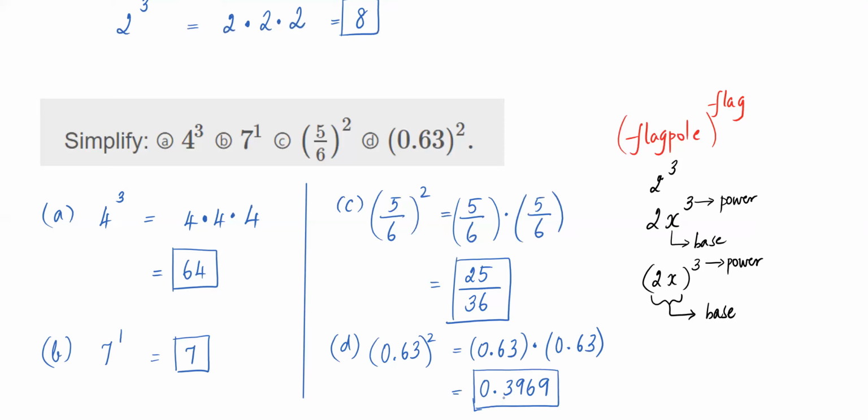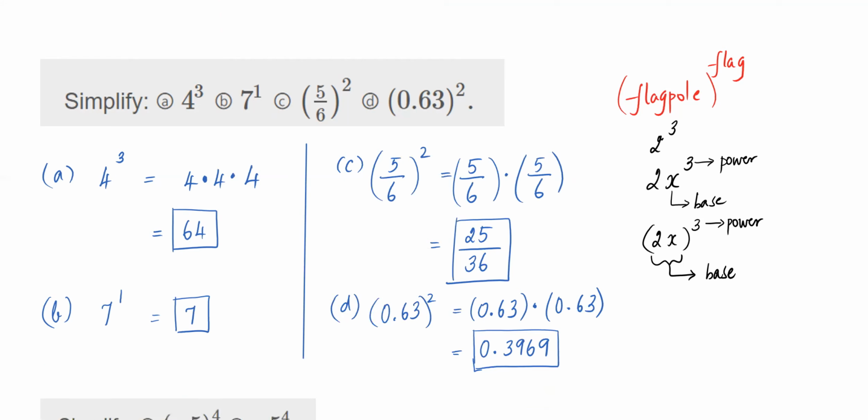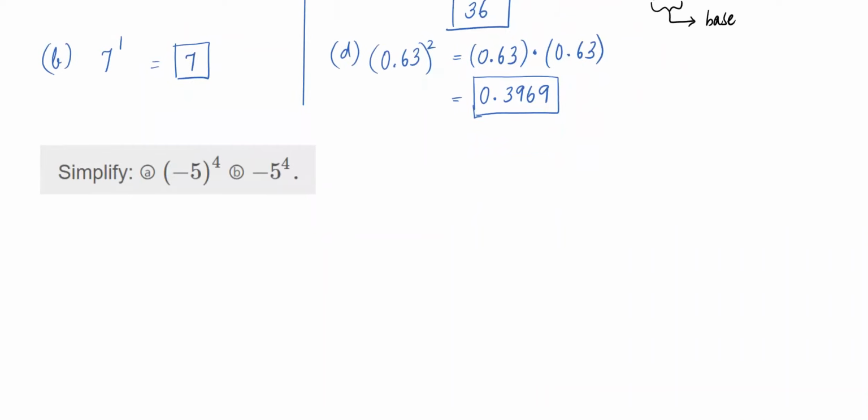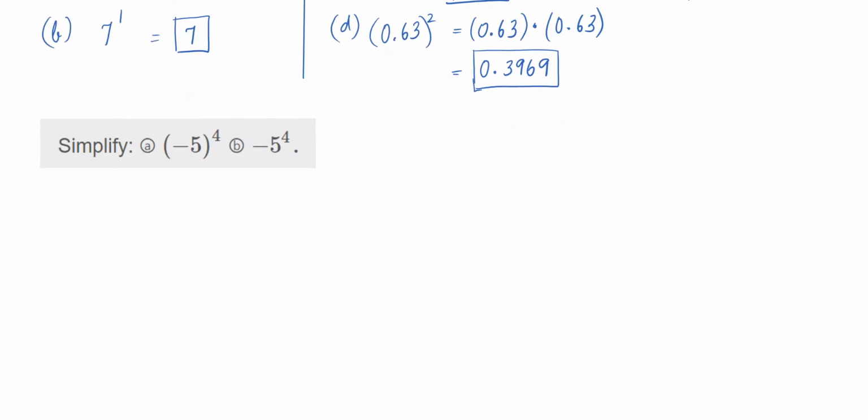So this is just trying to understand the base and the exponents. Now let's try to really understand how this works using the flagpole example. Okay. So we have a -5 the whole power 4. So let's determine what the exponent is. That's very obvious, right?